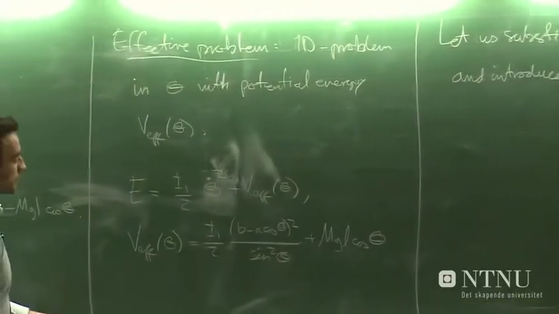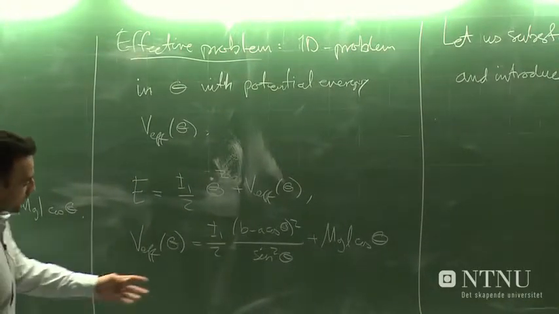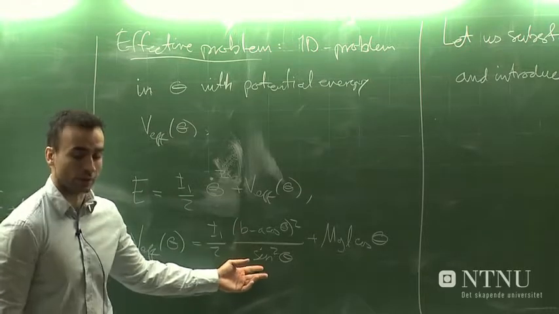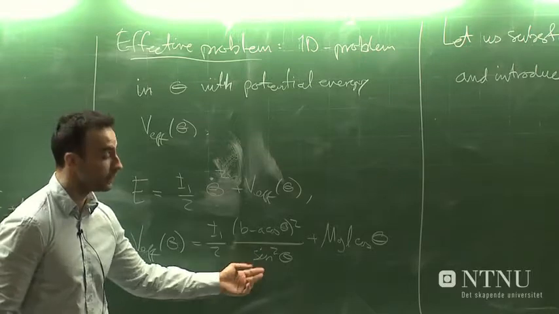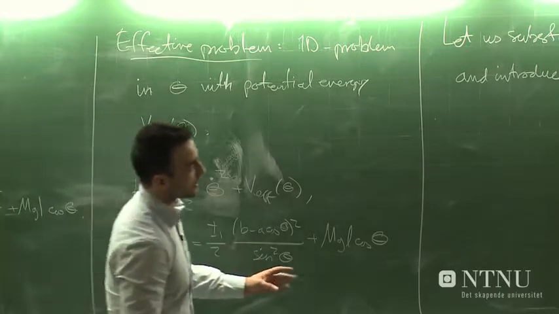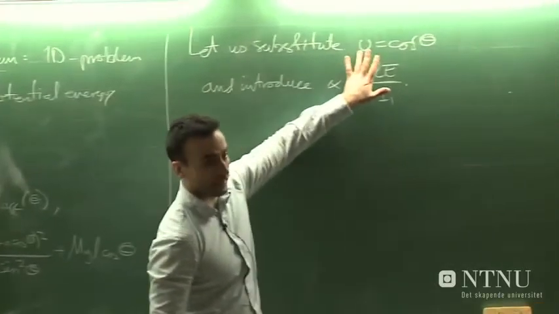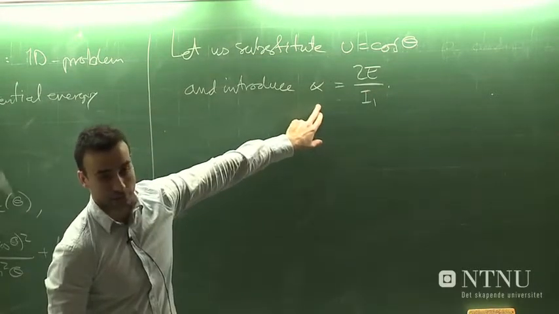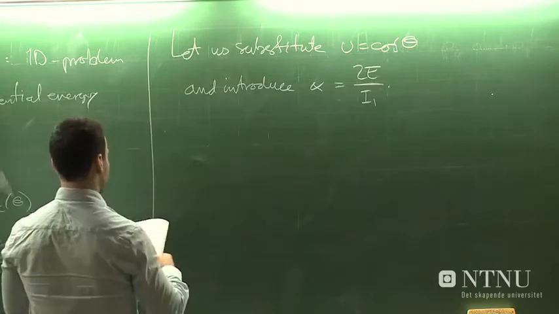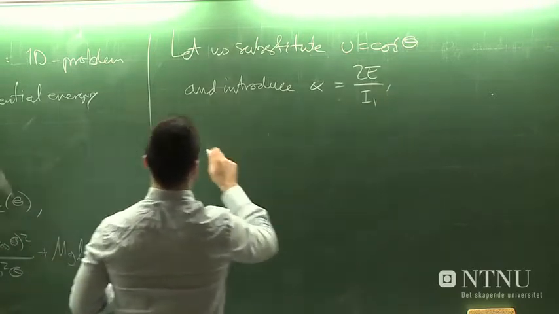Now, we see that this potential depends essentially on cosine theta, because sine squared theta can be expressed as 1 minus cosine squared theta. So it might make life a little bit easier by introducing this variable here, and also defining this constant alpha, just for convenience. And one more constant.